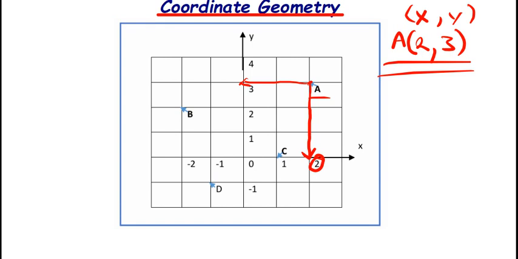Now what about the position of point C? As you can see, you start with the x. In this case the x is 1 there, so you say 1. And then what about y? You have to understand that at this point we have 0.